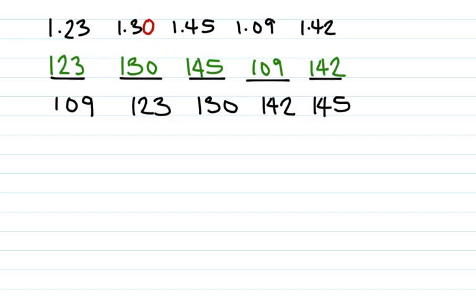Well, I've got all the numbers that I need. So now all I need to do is just put the decimal point back in, and I'll be fine. So 1.09, 1.23, 1.3, 1.42, and 1.45. Easy peasy. Now let's try one more, just that little bit harder, and then we'll stop.